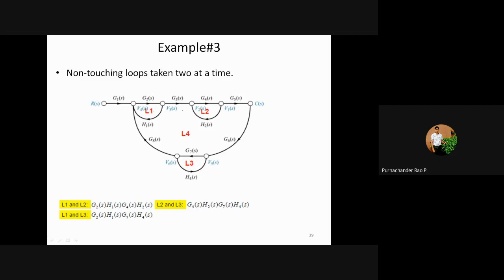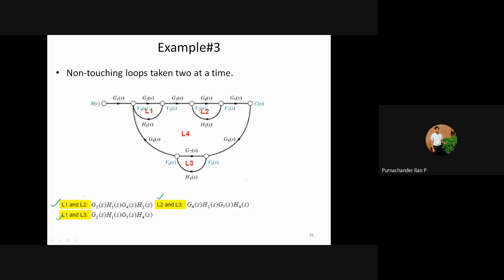One is L1, L2, not touching each other. And next, L1, L3 is not touching. Then L2, L3. These are the 2 non-touching loops. These are 3 possible pairs of non-touching loops.